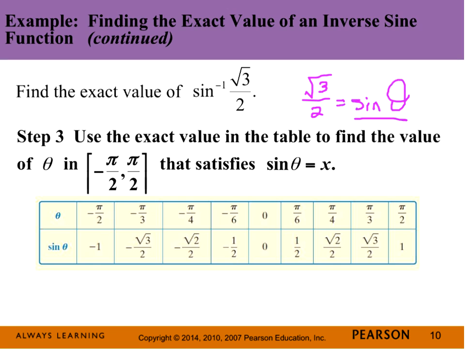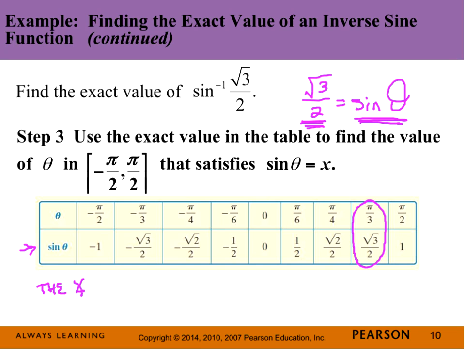So just to remind you, we had square root 3 over 2 equaling sine of theta. And so how we go about this is we want to find out when the sine of theta is equal to square root 3 over 2.